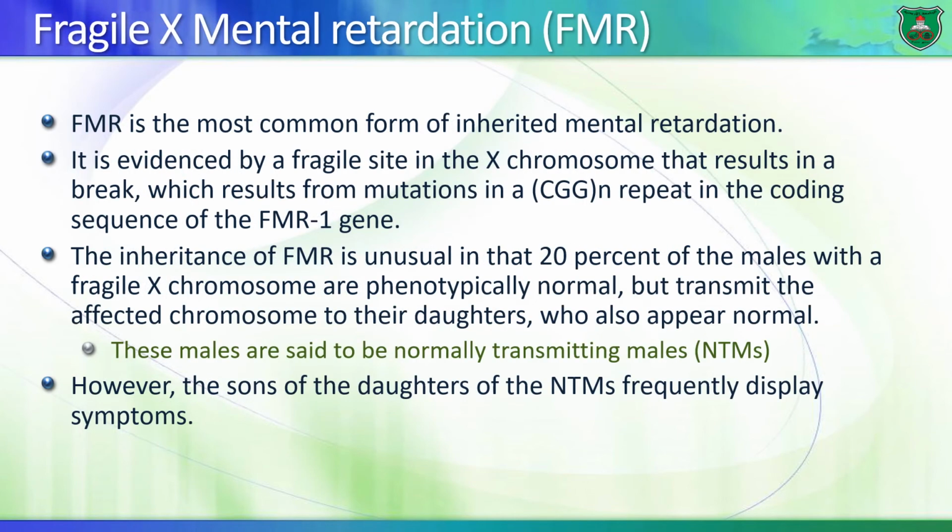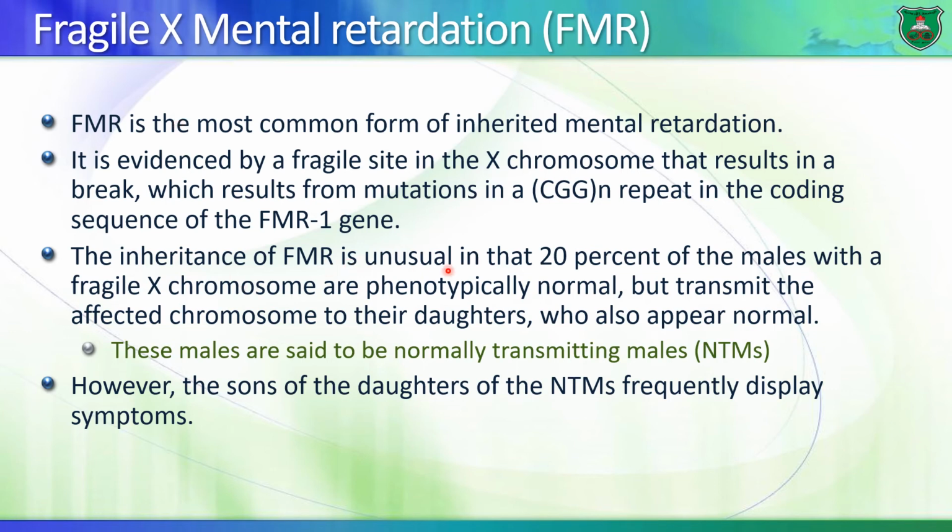An example is Fragile X mental retardation syndrome, or Fragile X syndrome right here. Usually, FMR is the most common form of inherited mental retardation.